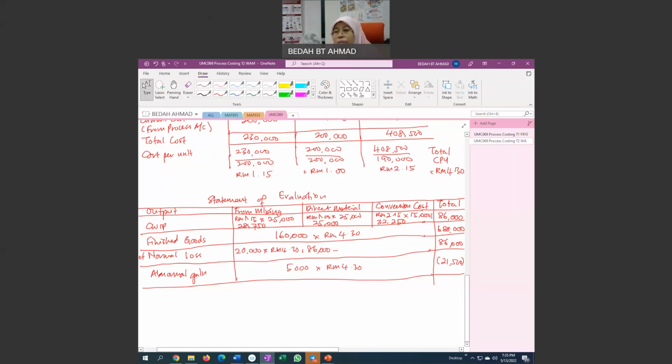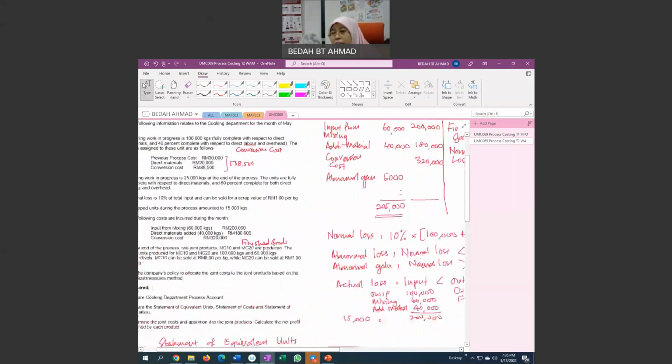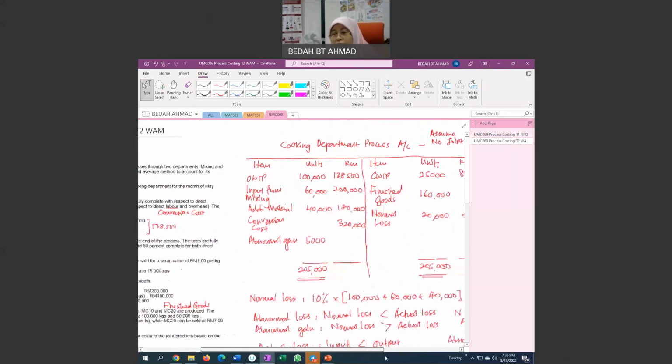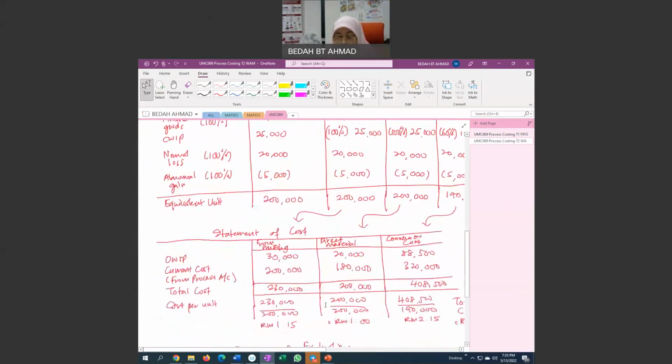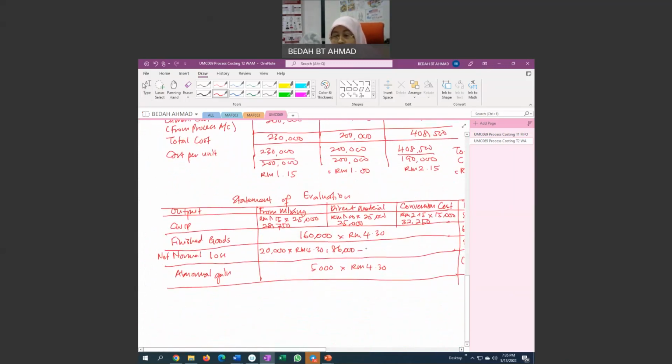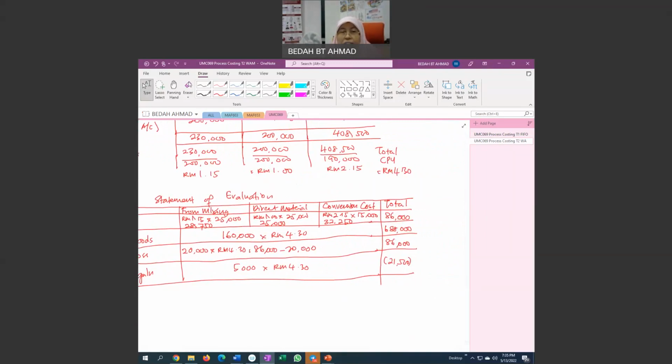The scrap value in the process account is 20,000. So you need to minus that 20,000. That will give you 66,000 actually, not the 86,000, but 66,000.